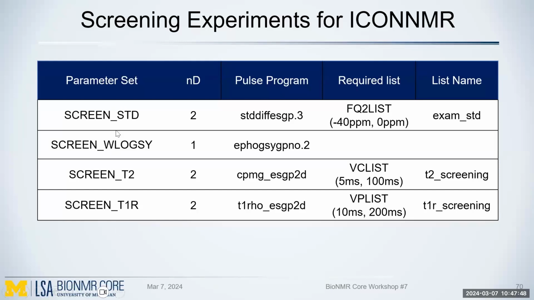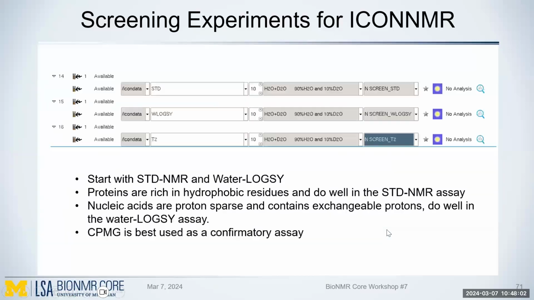You can select any of them to run, and I've listed the pulse program here. There are some required lists that you need to enter values for, but by default, those values are already put into the parameter set. What you need to do is just go to ICONNMR, load those parameter sets, click on submit, and then those experiments will automatically get run and data will be sent to you by email.